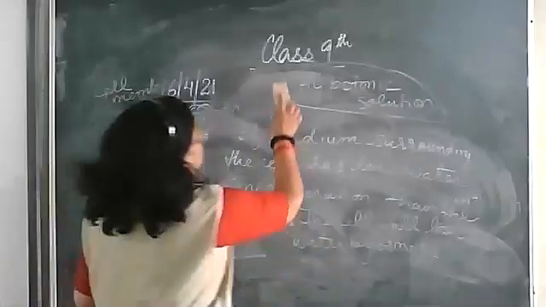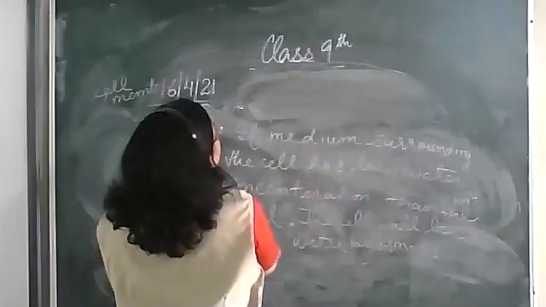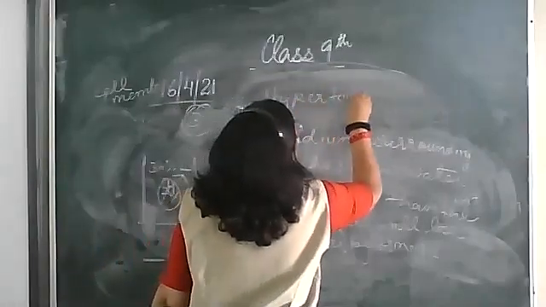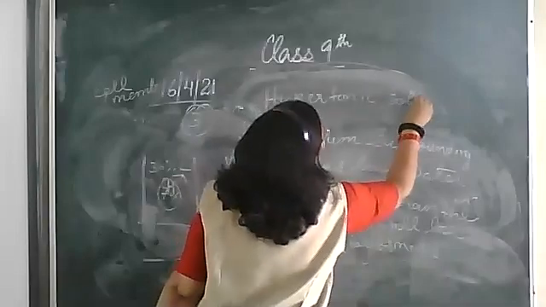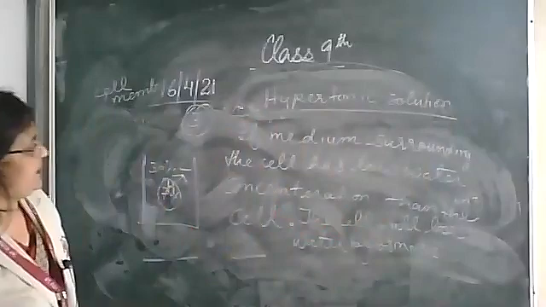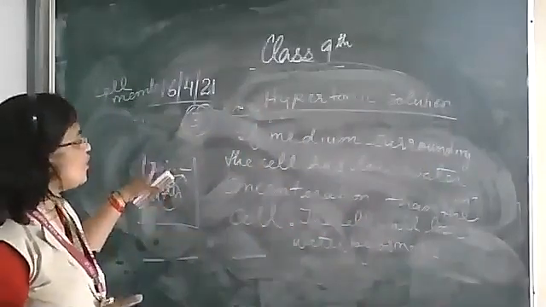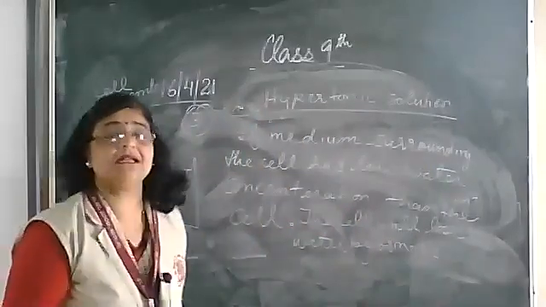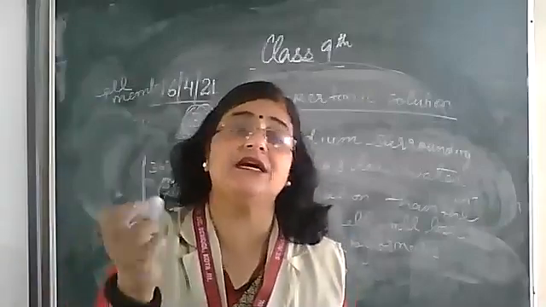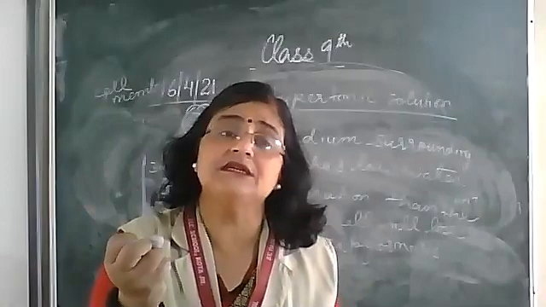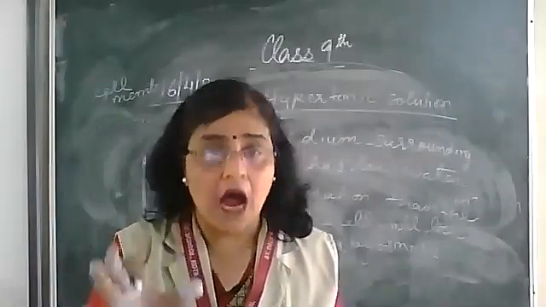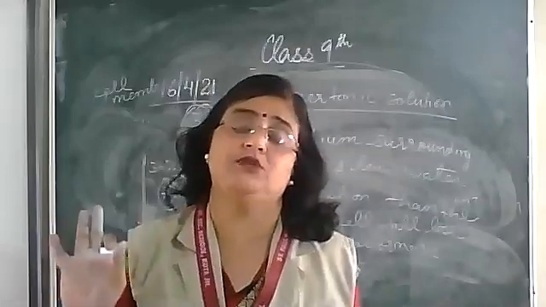If the medium surrounding the cell has low water concentration, the cell will lose water by osmosis, which means the cell will shrink. Such a type of solution is called a hypertonic solution.